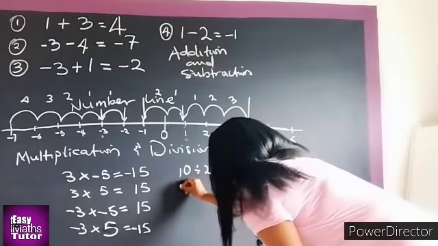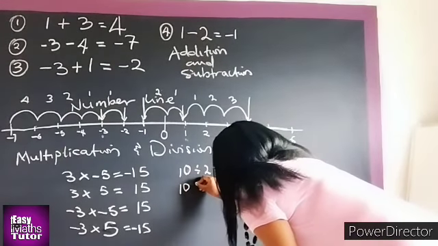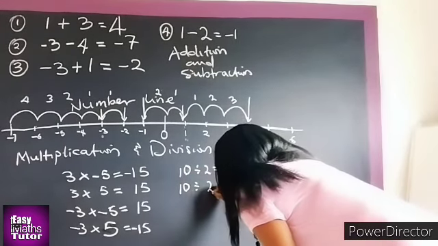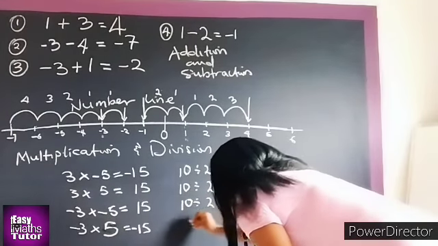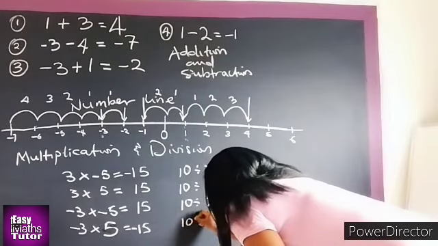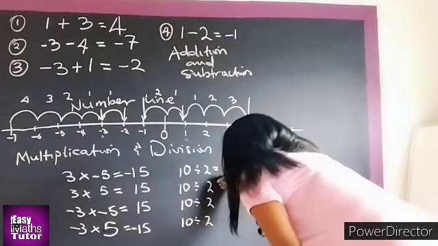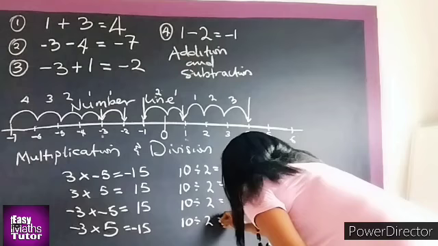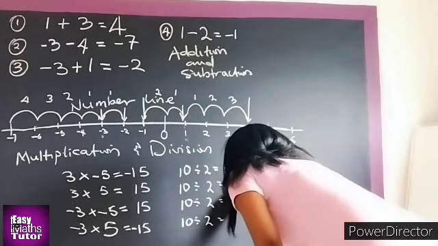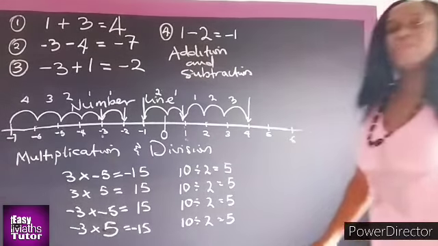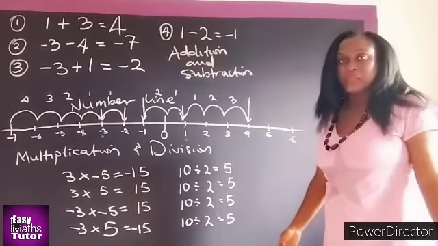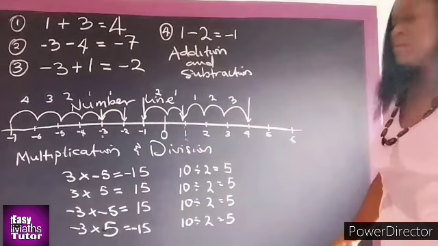Okay, so now let's write it down. 10 divided by 2. Now, we know that it will all give us 5. But when the signs come in, everything changes.